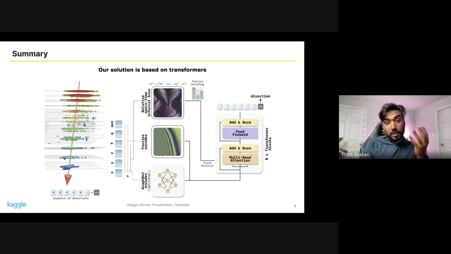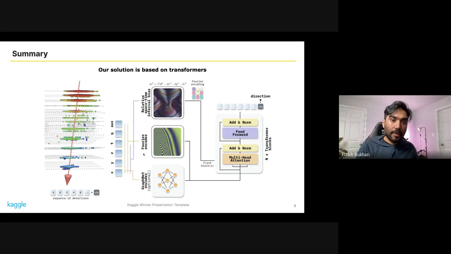We're given six features: XYZ, which is the detector location, then the time of detection, then charge, and then also auxiliary. In order to encode these features, we can use a GraphNet, which is basically the organizer baseline. There are some modifications that we're going to talk about later. So this step is optional.